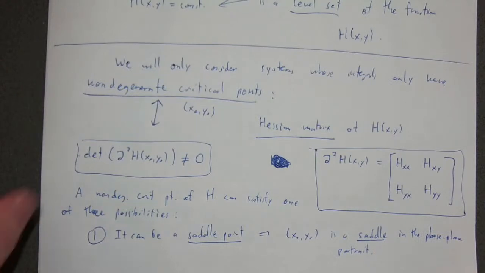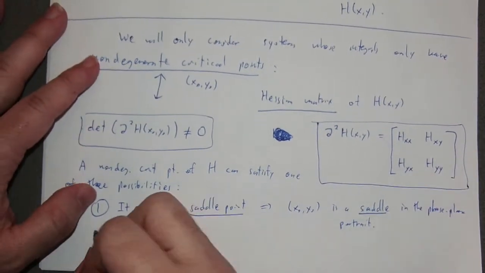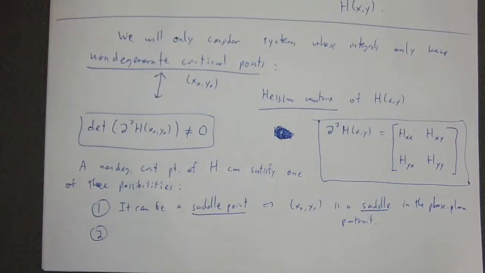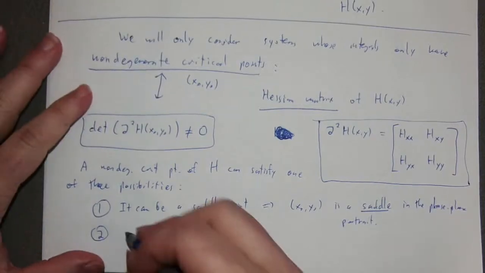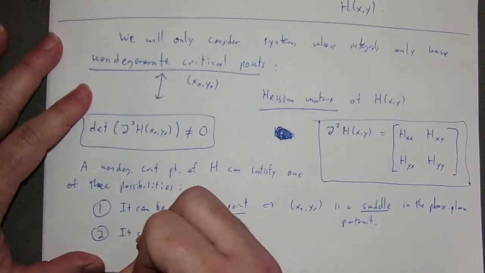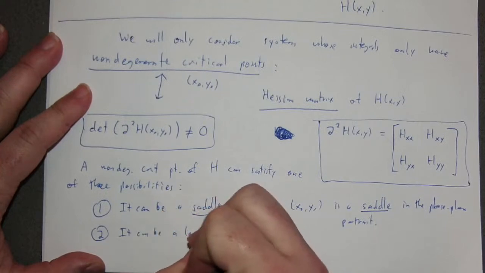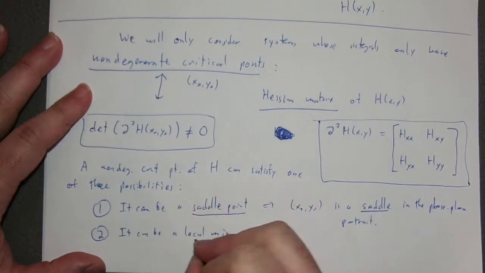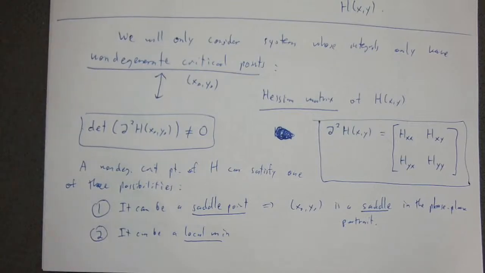Second option, it can be a local minimum. This is going to give rise to a clockwise center when rho is positive and a counterclockwise center when rho is negative.